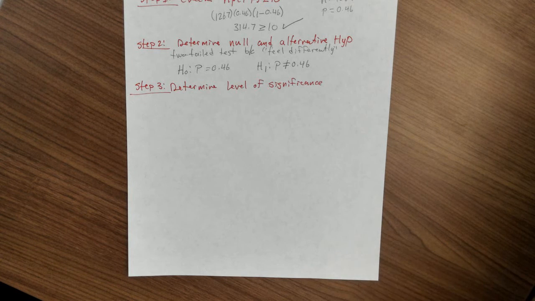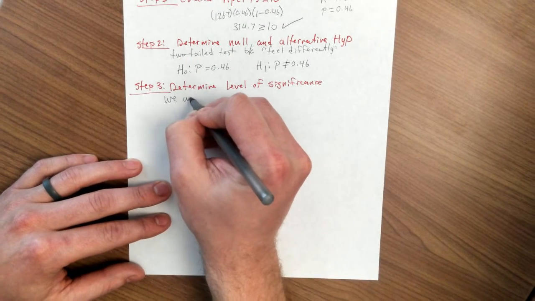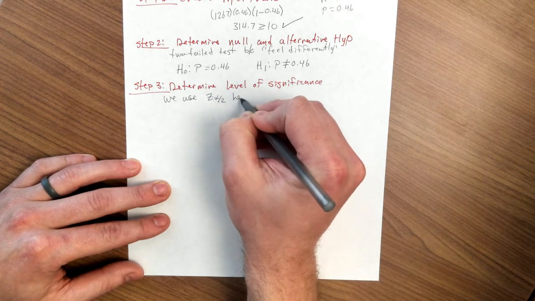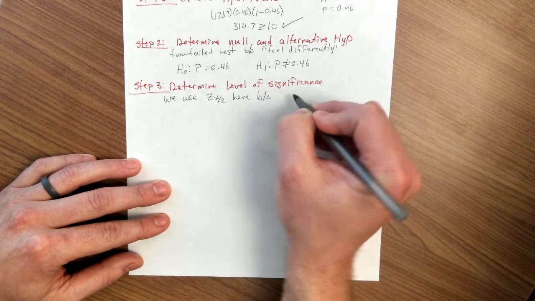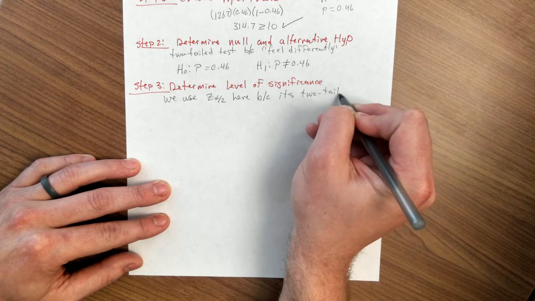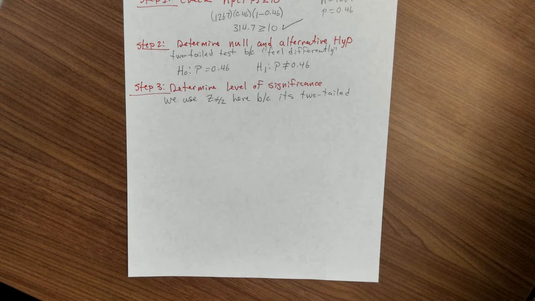So here we're using z alpha over 2 because it's two-tailed. If it was one-tailed, meaning left-tailed or right-tailed, we'd only find z alpha. So we'll look at one of those here in a little bit.